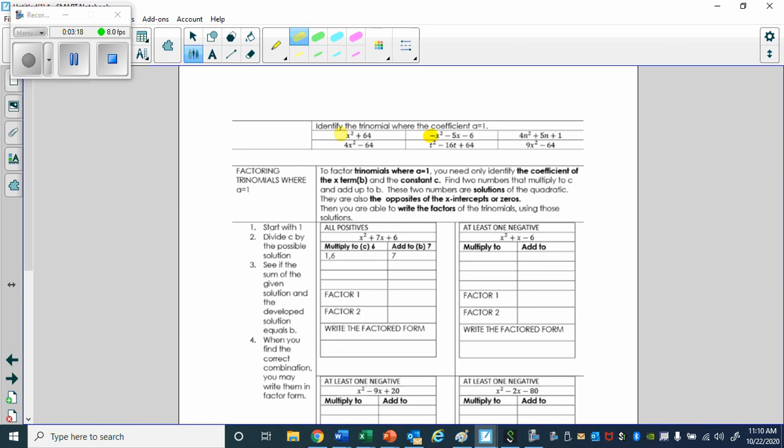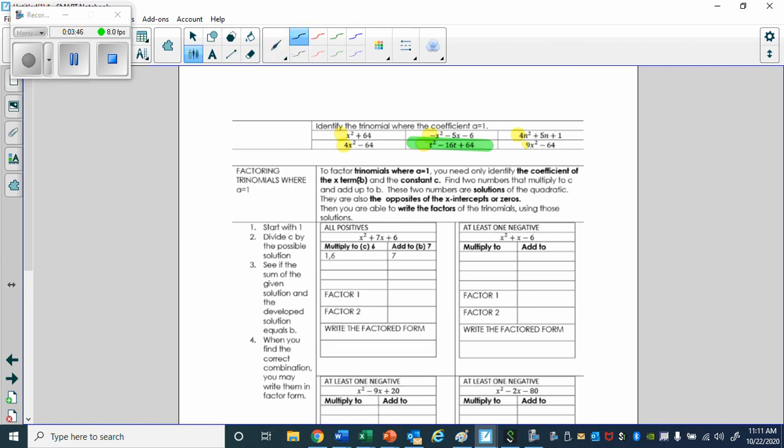Here the coefficient is -1, but it's not quite what I need. Here it's 4, here it's 4, and here is the correct trinomial. So I'm going to highlight this one or circle it. And lastly, we have a coefficient of 9, so it's definitely not it, and there's only 2 terms. So there's only one option here, right?